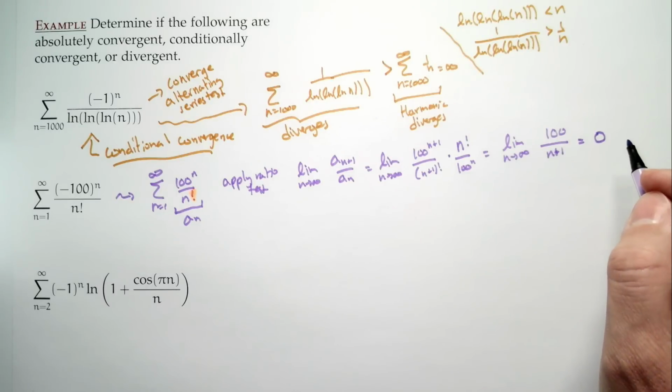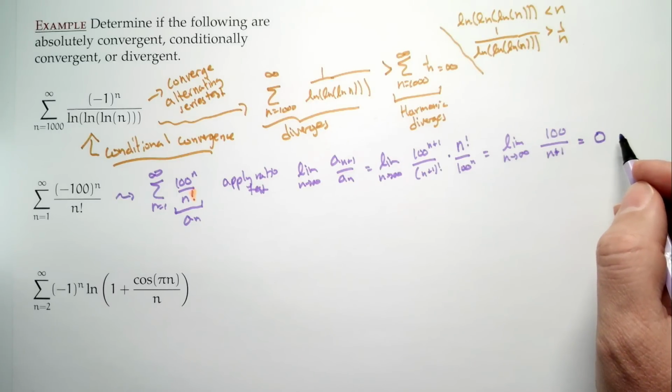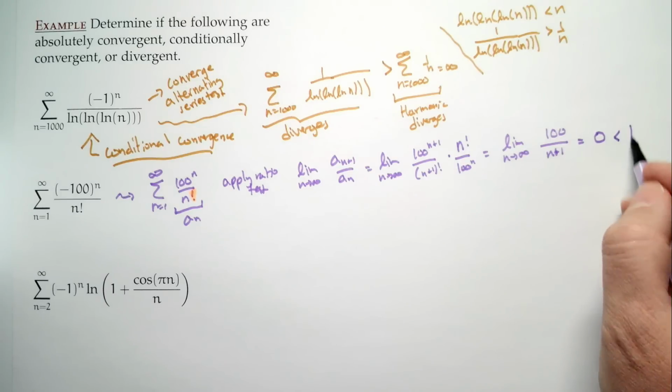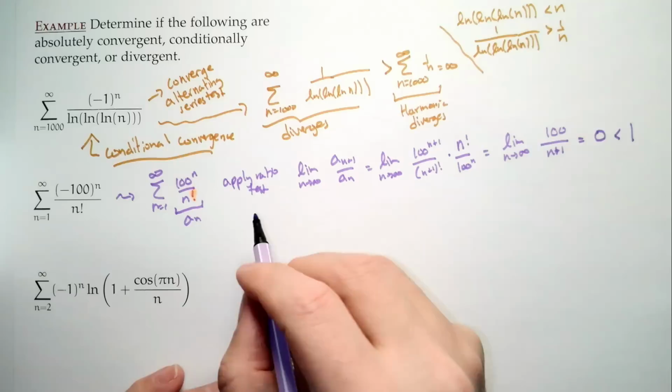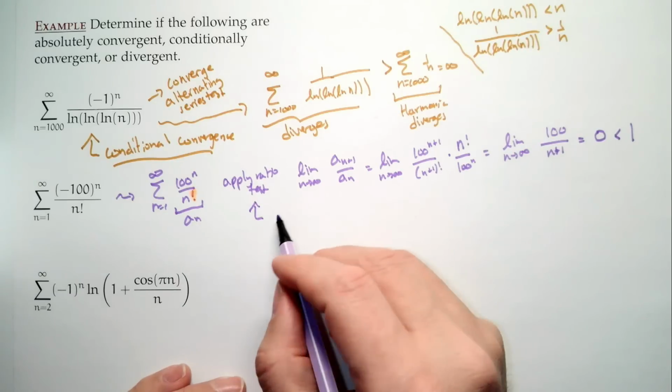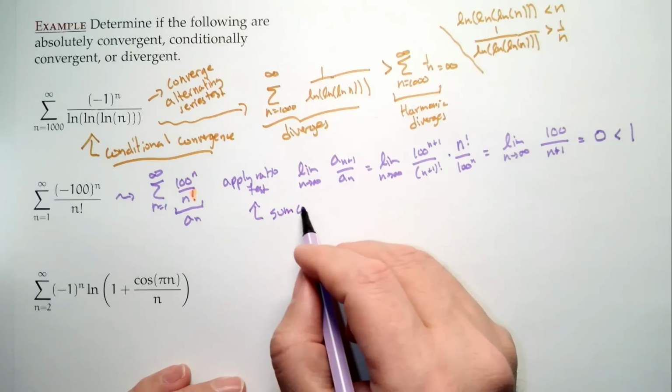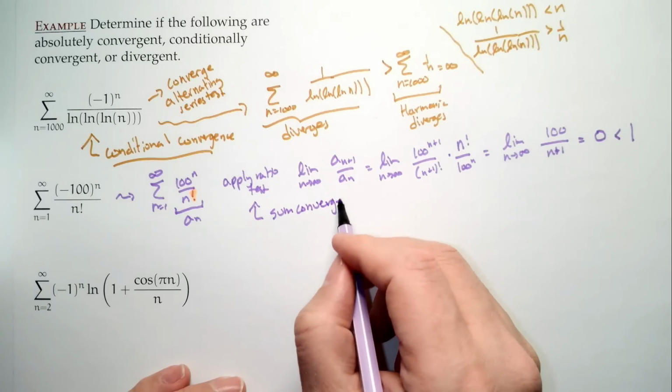Now, what do we care about? Well, we care about how this compares to 1. Turns out, true story, it's less than 1. So, by the ratio test, we know that the sum converges. That's our conclusion.